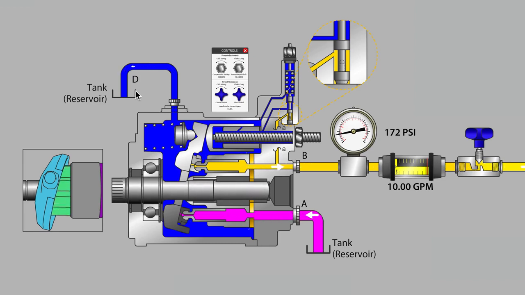The reason why it's important to understand the sources of the flow on the case drain line is to help understand the importance of maintaining a clear line back to tank with no obstructions present for the sake of the life of the pump. It's also important to understand the case drain flow as it relates to volumetric efficiency, a topic we cover in other videos.